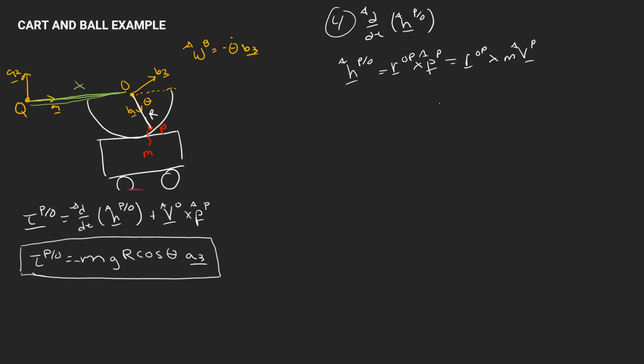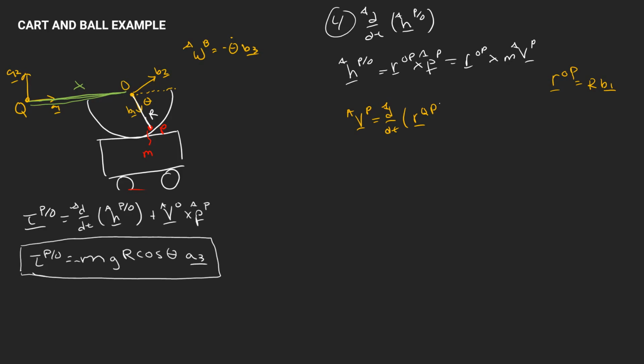So we have our ROP vector is equal to RB1. And then we have our velocity vector. But it's important to remember that when we take the velocity of point P in frame A, we're actually taking the time derivative of RQP, right?